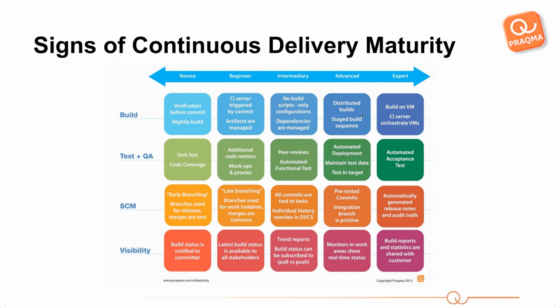We start to automate the deployment so that the functional test can be run as part of the sequence, because we want the deployment to be automated so the test can run. And if you are in an embedded software environment, this is typically also the point where people start testing in target rather than simulators or emulators. And then if you dare, you could start automating your acceptance test. For most people, this is actually not very relevant.